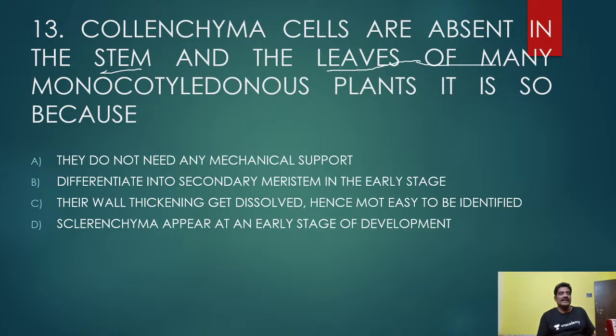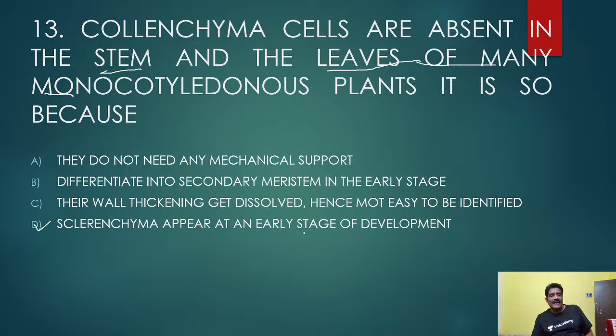Now, what is the reason? Why are collenchyma cells absent in the stem and leaves of many monocotyledons? The right answer here, one point I have to understand: sclerenchyma, this is the D option.